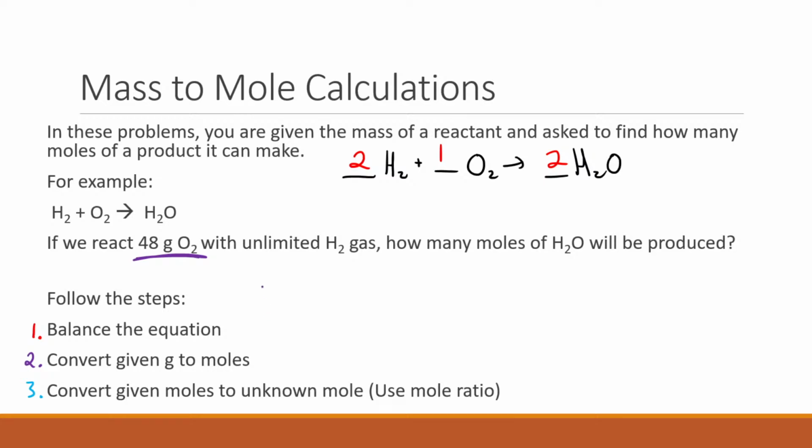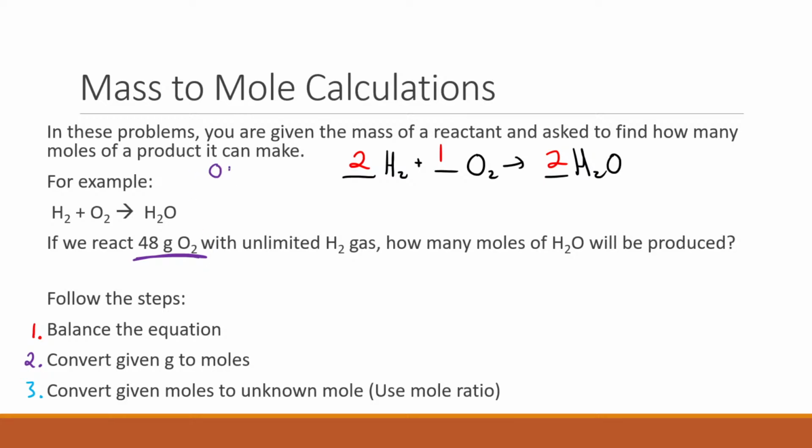Now, the thing you want to avoid is this. You cannot put grams in your denominator here. This is only for the mole ratio. They must be moles if you're going to put them down here. So I need to take 48 and convert that to moles.